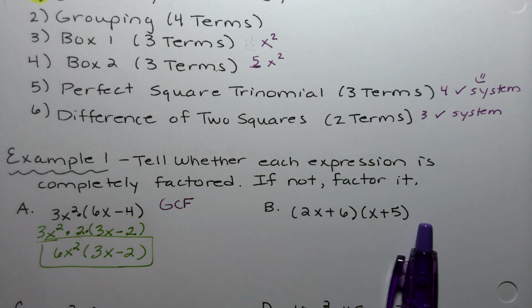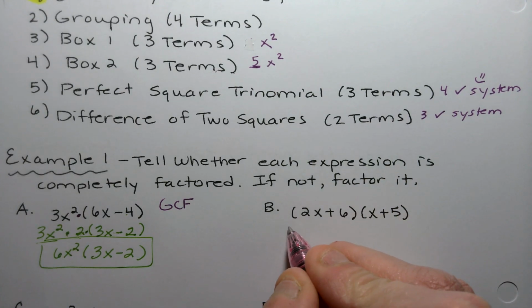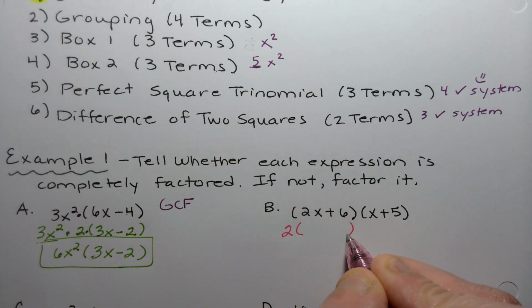Okay. Look at B. What do you think about B? Now you got 2 parentheses, so you got to look in both. 2x plus 6. Anything you can take out of 2x plus 6? There's 2 terms there. That's right. You can take out a 2. So if I take a 2 out of this one, right here, what do I have left?